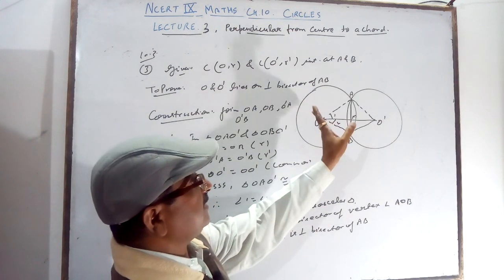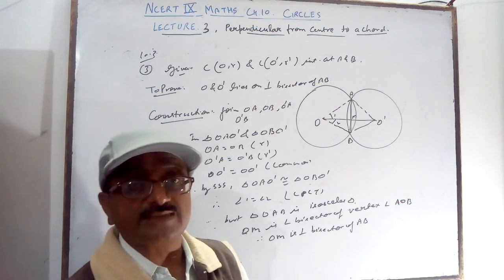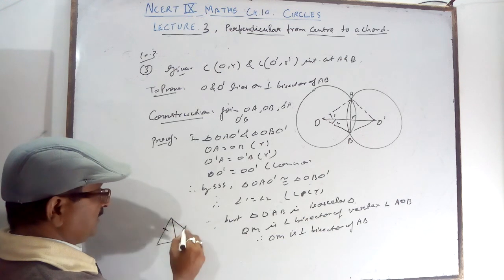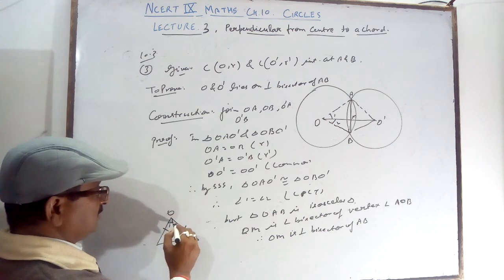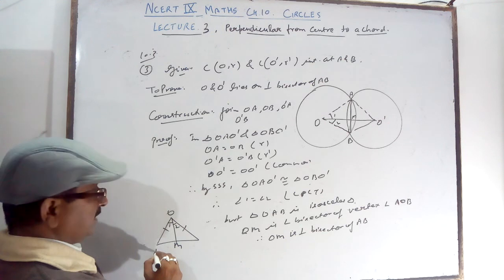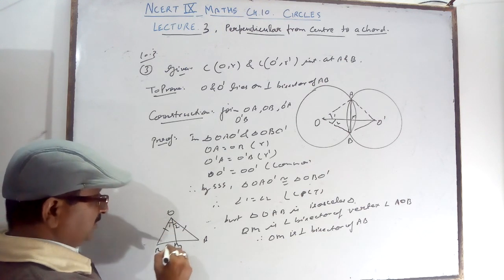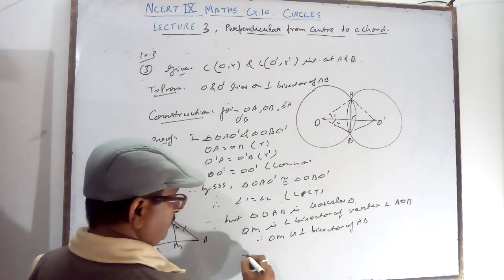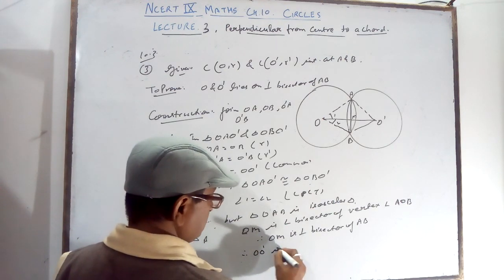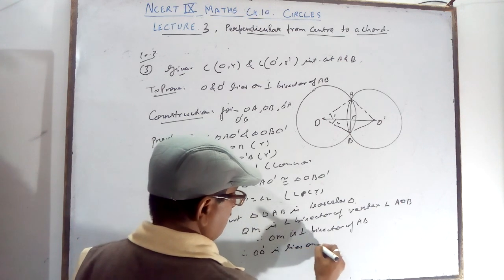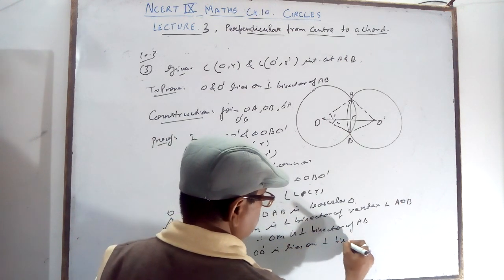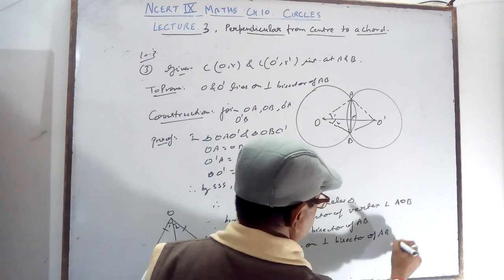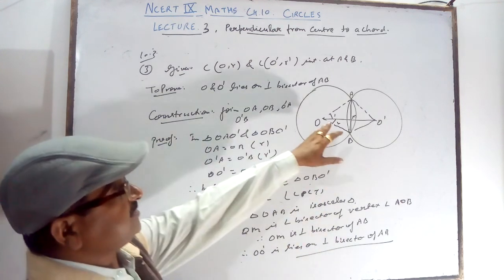In an isosceles triangle, the angle bisector is the perpendicular bisector of the base. Since angle 1 is equal to angle 2, you can write that OM is the perpendicular bisector of AB. Therefore, OO dash lies on the perpendicular bisector of AB. Hence proved. Very simple.